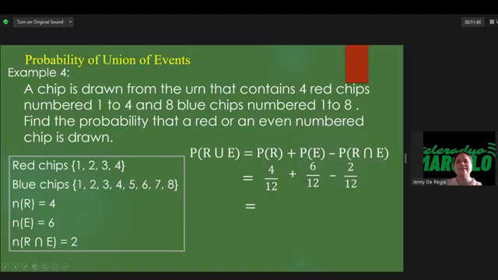So 4 plus 6 is 10, minus 2, 8. So 8 over 12 is equal to 2/3. So the probability that a red or an even numbered chip is drawn is equal to 2/3. Okay.